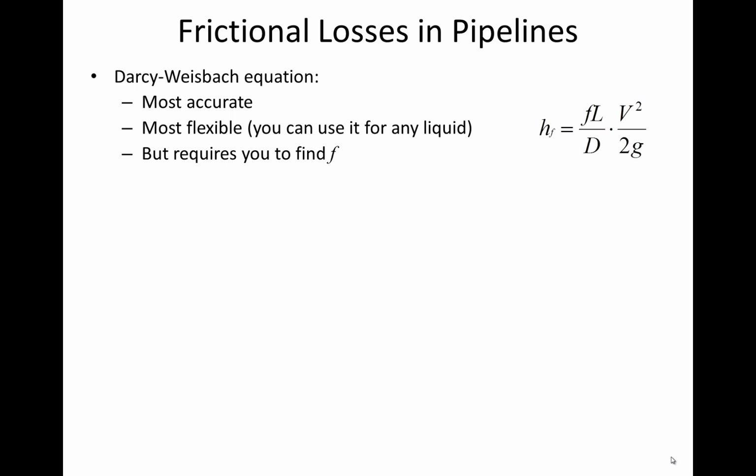The disadvantage of the Darcy-Weisbach equation, of course, is that in having all of this flexibility and specificity for the actual flow conditions that are being observed, you have to calculate an F value, whereas some of the other empirical equations have a friction factor that doesn't change as a function of flow conditions.